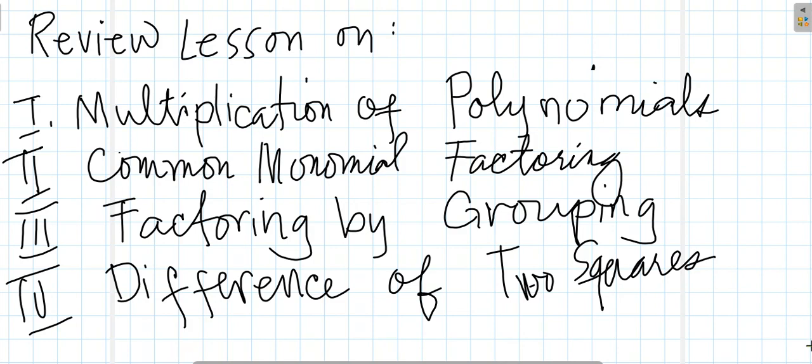First, we're going to review multiplication of polynomials. We have an example.